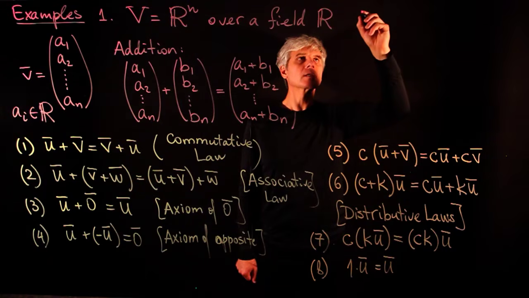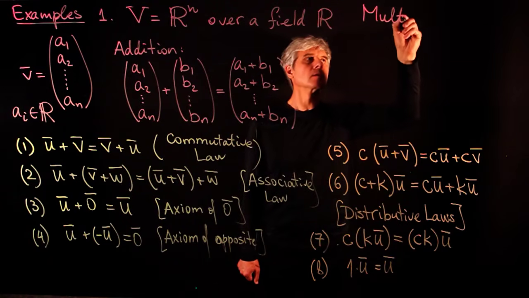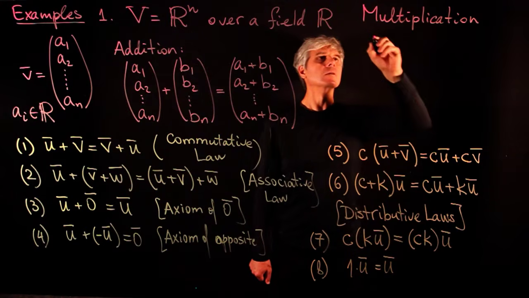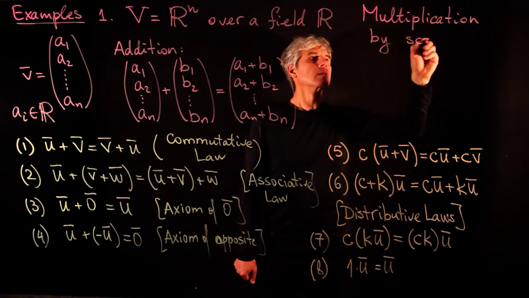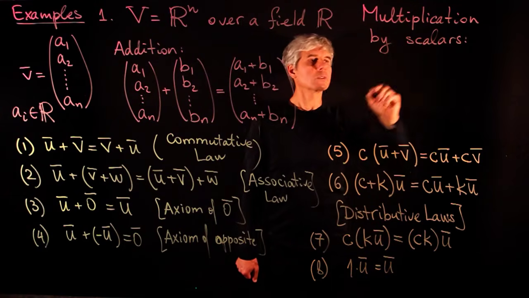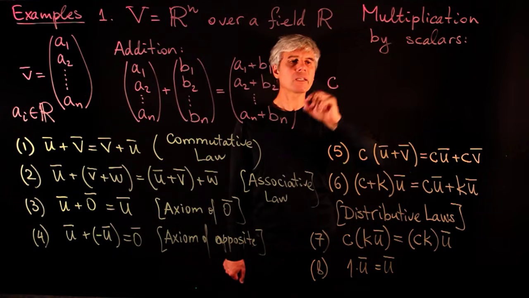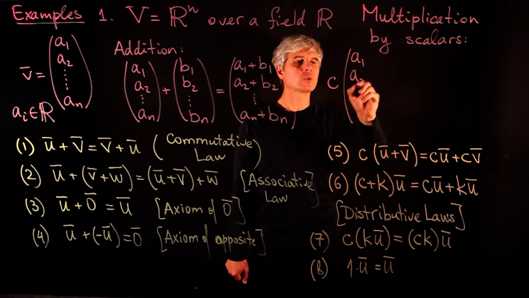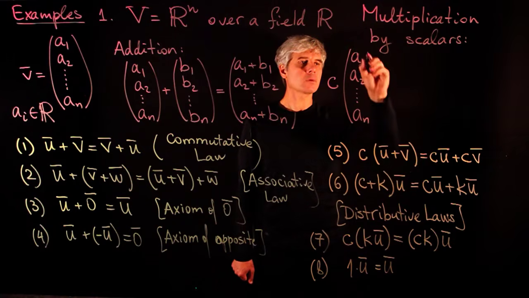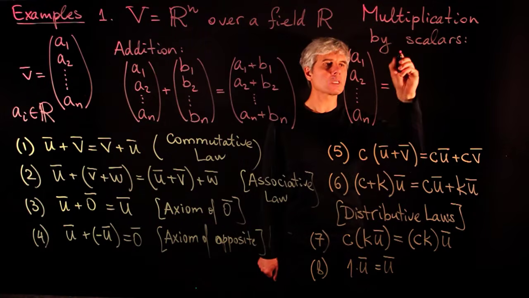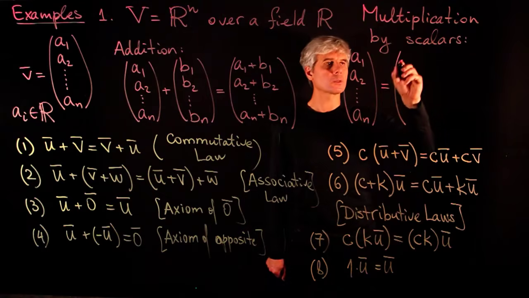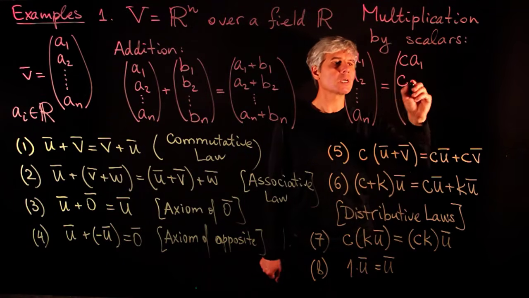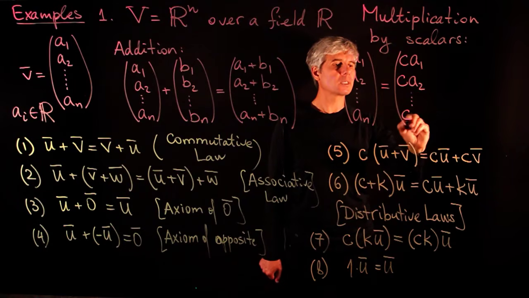Another operation is multiplication by scalars. So here, if we have a scalar c, which is a real number, and a vector a1, a2, an with n components, then the result of this, again, we multiply component-wise. So it will be c times a1, and this is a product of real numbers, c times a2, c times an.